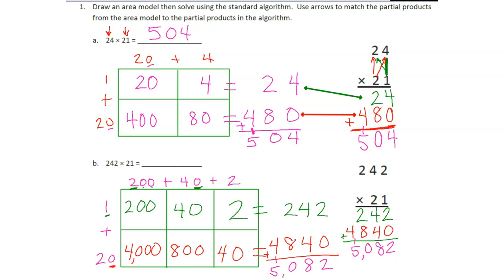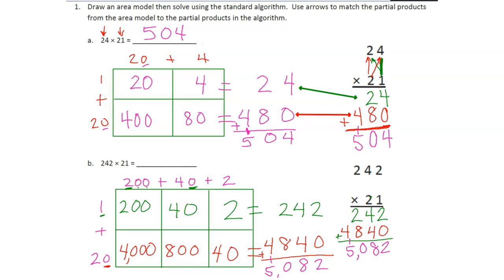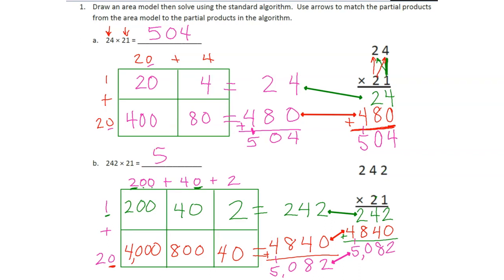So as you can see, both of my partial products match up, as well as my total product, which in this case was 5,082.